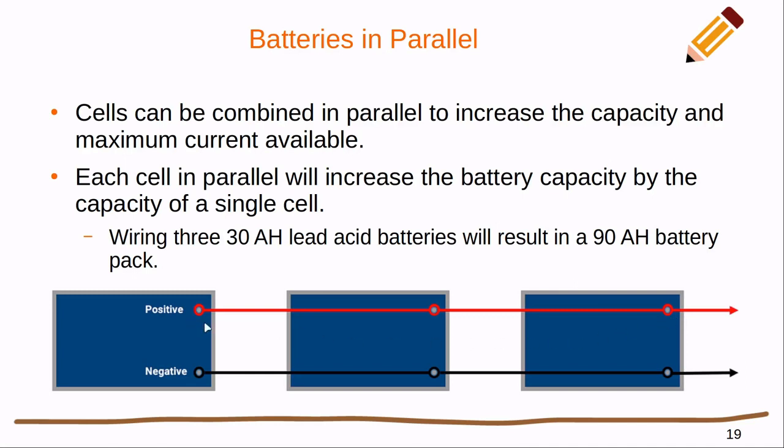You can draw more current off of this, but the amount of current you're going to be able to pull is going to be limited by the weakest component in this whole system. Okay, so if the inner workings of this battery don't allow for pulling any more current, or you use wire that is not going to be able to pull any more current through it safely, then you can't pull any more current than that.